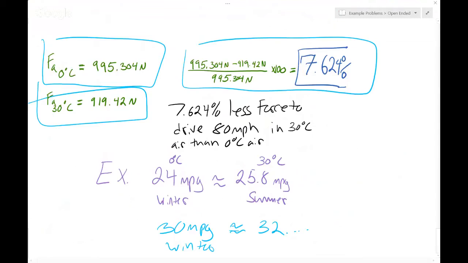Now this isn't a significant difference, but it's actually a sizable amount because if you have the opportunity to increase something by 5% efficiency, over the course of the vehicle life, that's quite a bit of difference in cost of gas. So I guess the moral of the story is, if you can choose between driving in the winter and driving in the summer, it probably pays to drive in the summer.